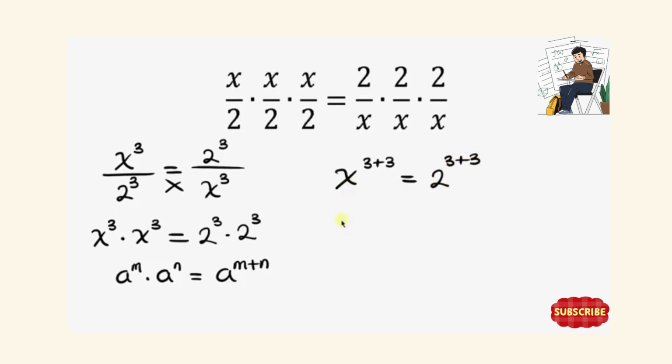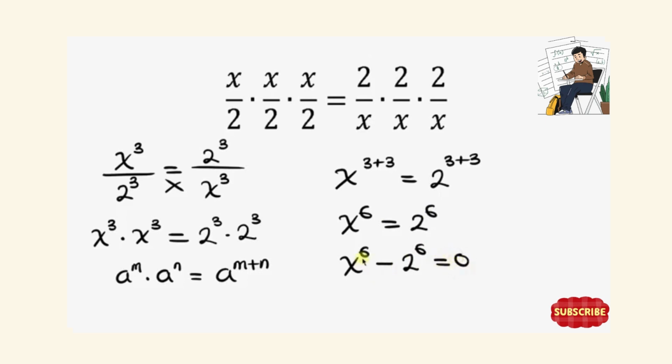So this results to x to the 6 is equal to 2 to the 6. Now our next step will be for us to move 2 to the 6 to the left hand side. So we have x to the 6, and as 2 to the 6 crosses to the left, it becomes minus 2 to the 6. And this is equal to 0.